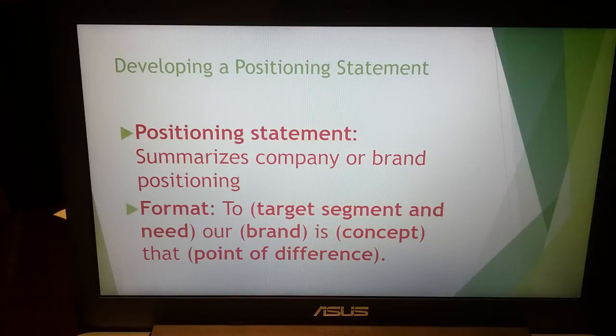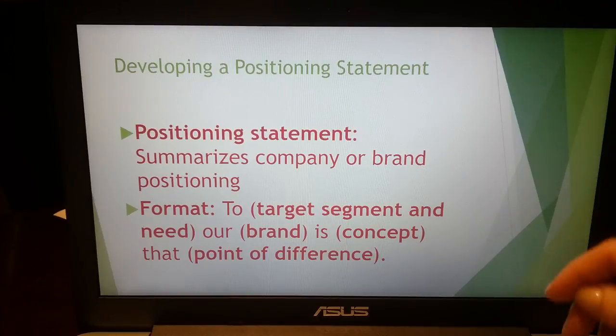And then you talk about the brand, in this case it's Evernote. And then what's the concept? A digital content management application that makes it easy to capture and remember moments and ideas from your everyday life. So the concept is that it's a digital content management application, and the point of difference is the ease.